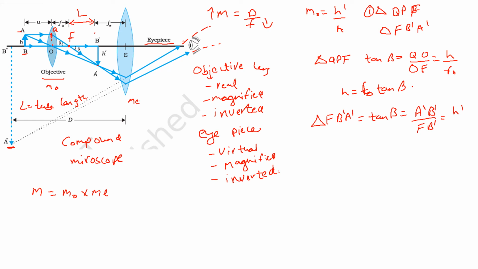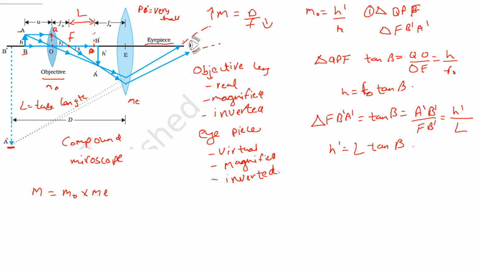And here it is not exactly on B, but somewhere very near to B. If I take this as point P, then PB dash is very small, so we can consider FB dash only instead of FP. So FB dash will be equal to L. If I put the value over here, from here H dash equals L tan beta.